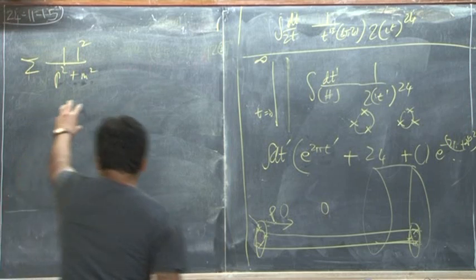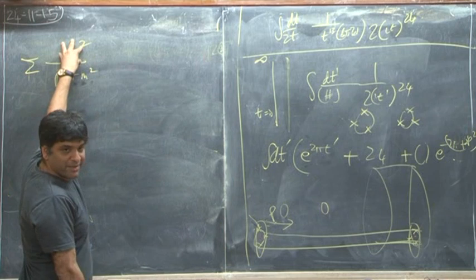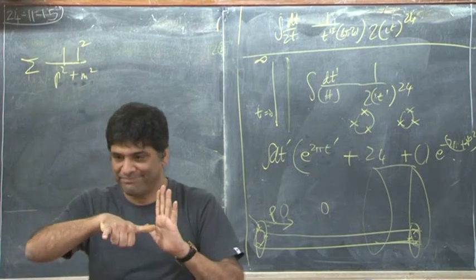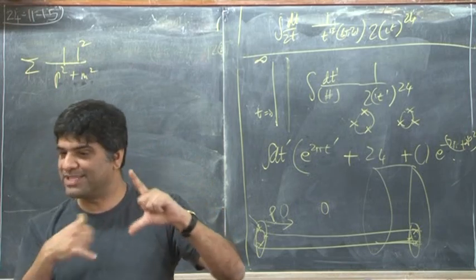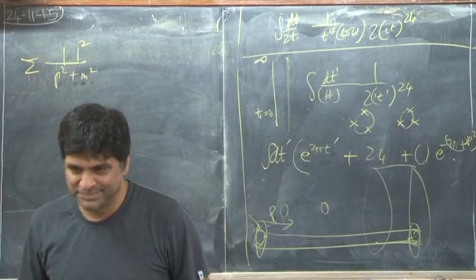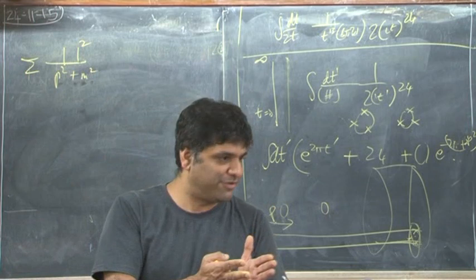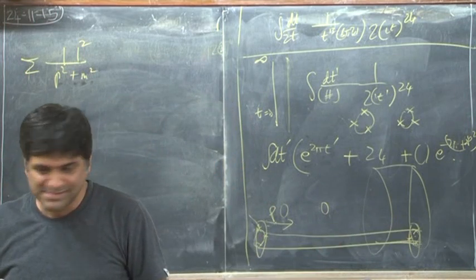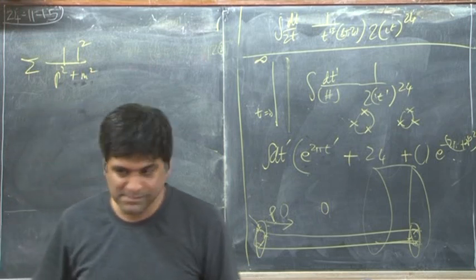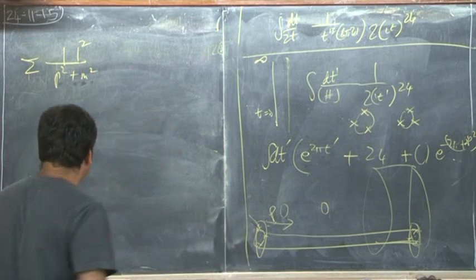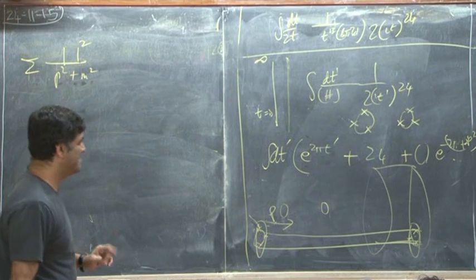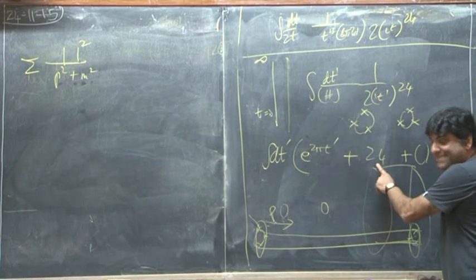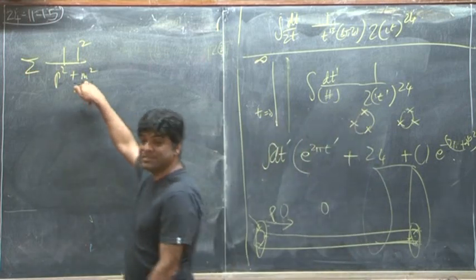In fact, what those numbers are giving you is a prediction for the overlap of every propagating state with the state that you start with, this boundary state. Because what you do is decompose the boundary state into a sum over closed strings and then each of the closed strings propagates. Is this clear? 24, what is it? P equals 0? Exactly. Now this 24 was precisely the thing for n squared equals 0.